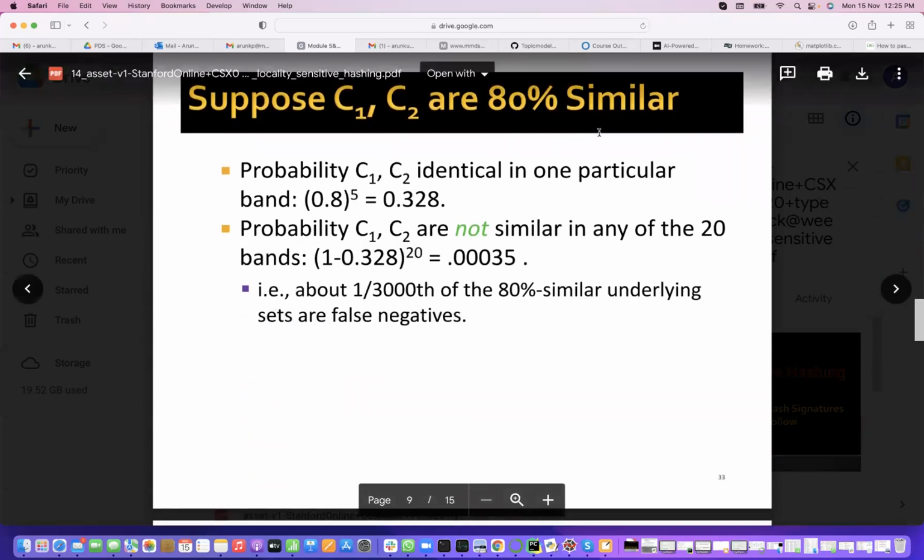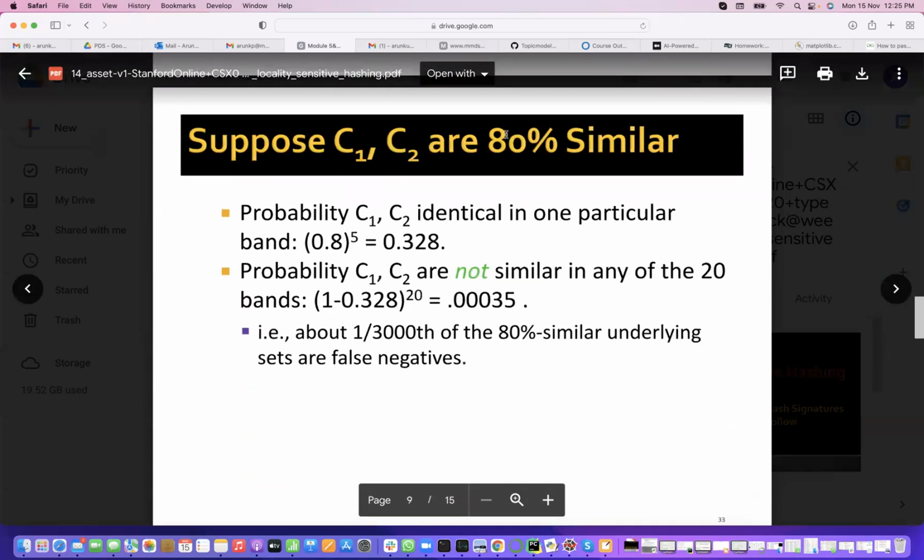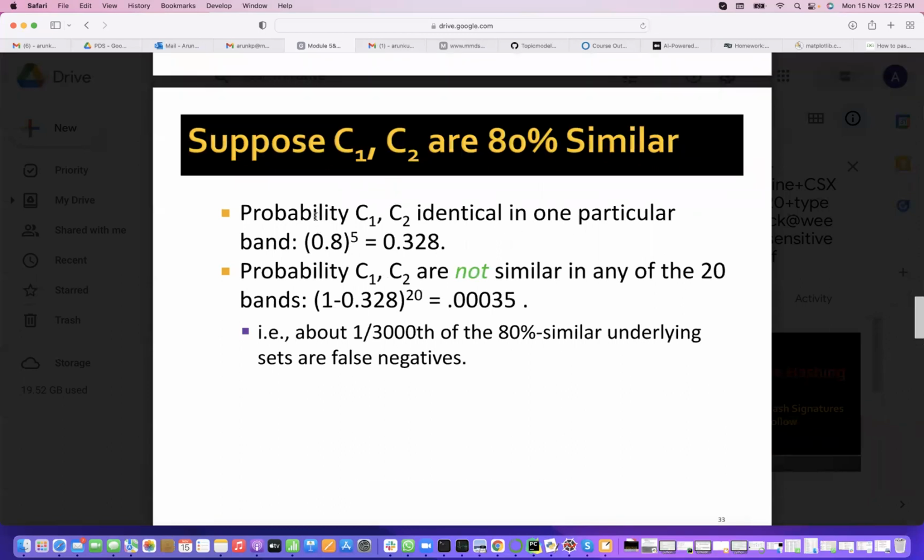Suppose C1, C2 are 80% similar. The probability that C1, C2 are identical in one particular band is 0.8 power 5, that is 0.328. With 5 rows, if they are 80% similar, what is the probability that in one particular band they are similar?